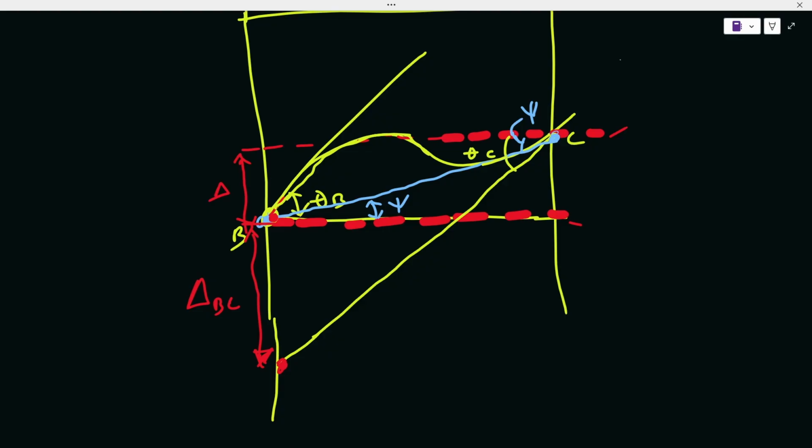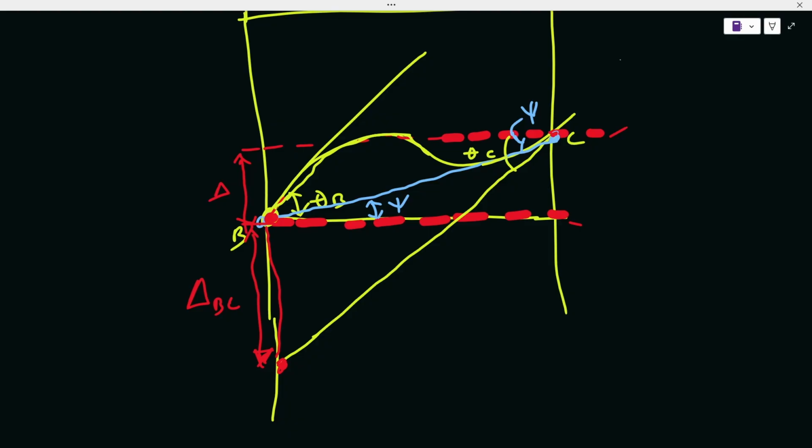I did BC because it started from B here. It started from the point on the elastic curve all the way down to the line drawn from this particular point on the elastic curve.